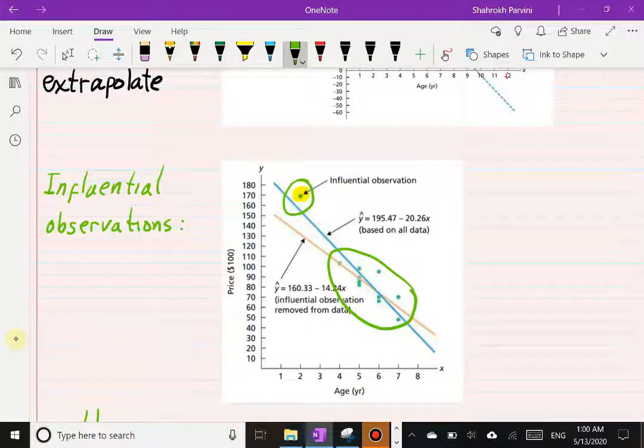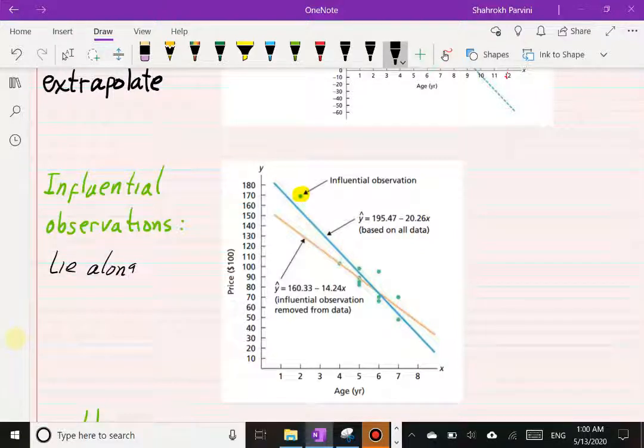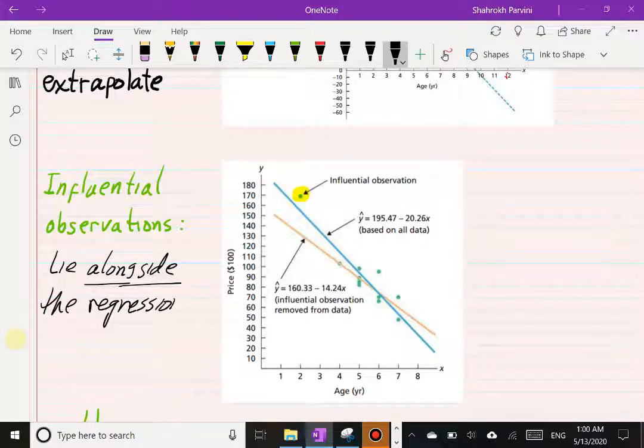Now, there's one way you can actually identify an influential observation. Let me write that for you. This is important. Influential observations lie alongside the regression equation.